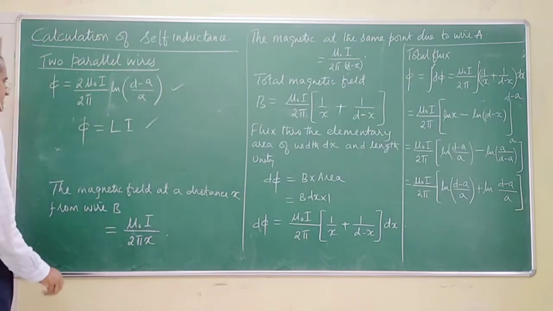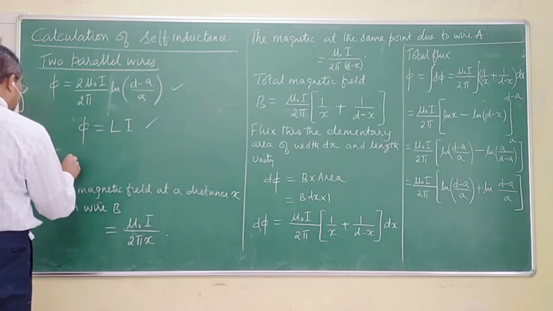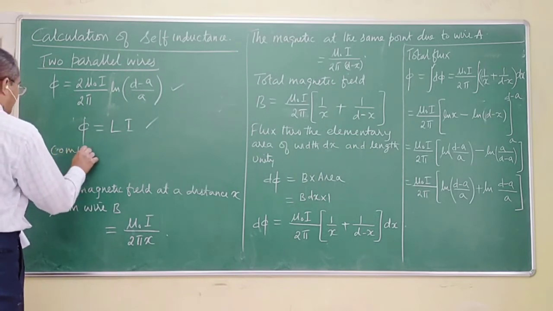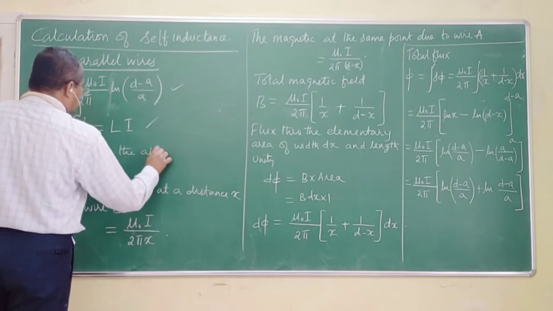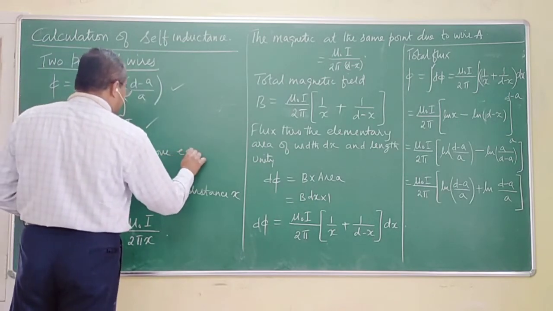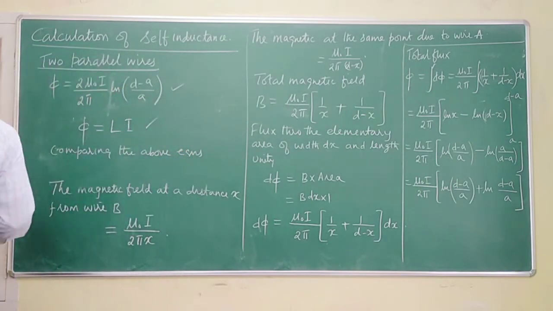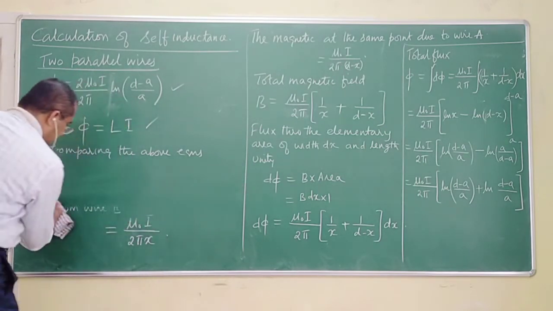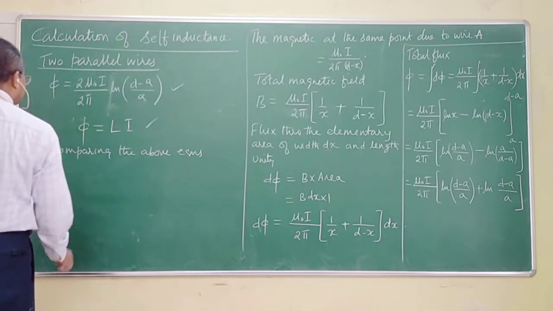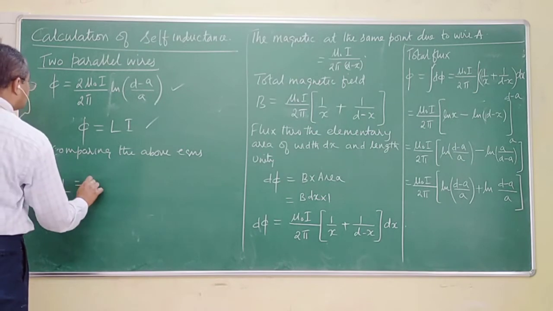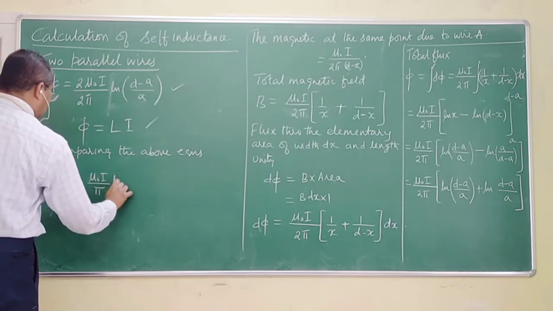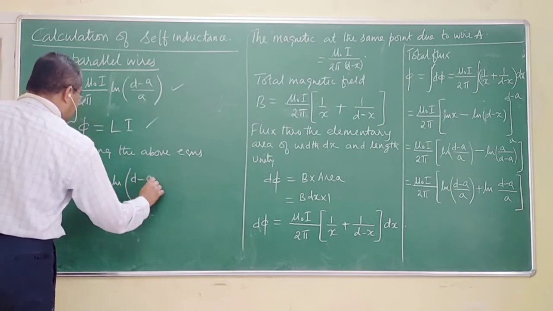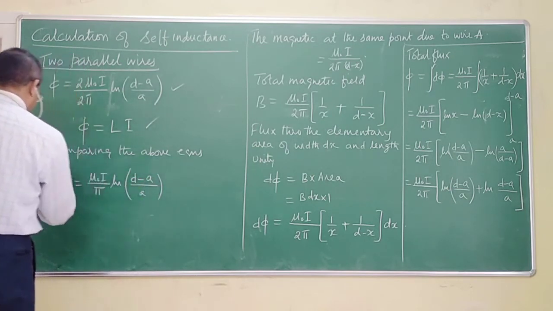Comparing the above equations, I can write L is equal to mu naught I by pi ln d minus a by a.